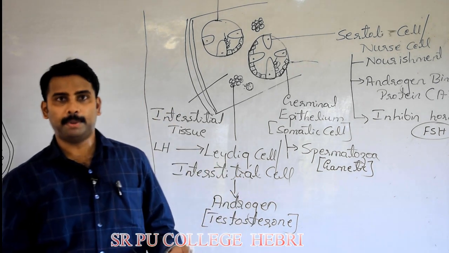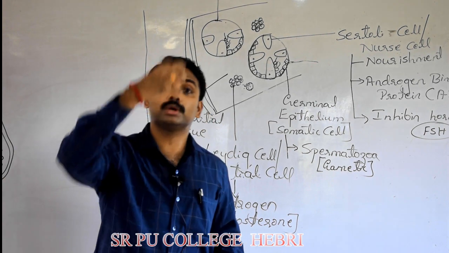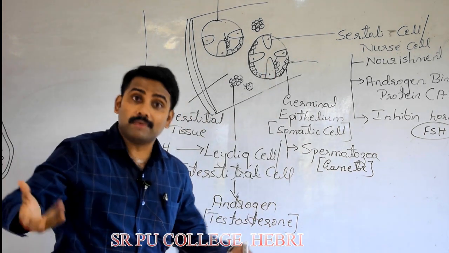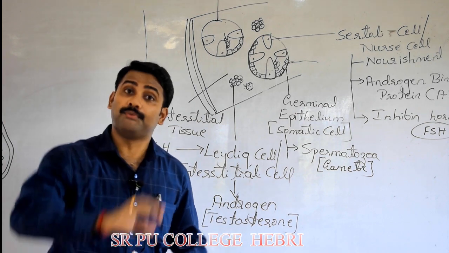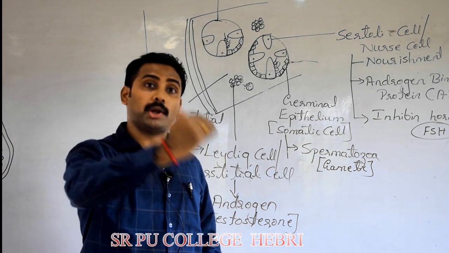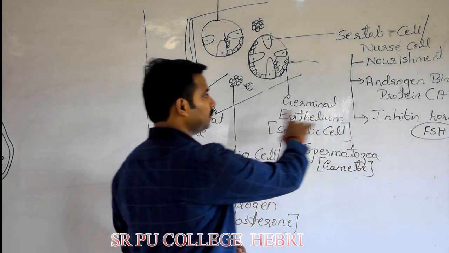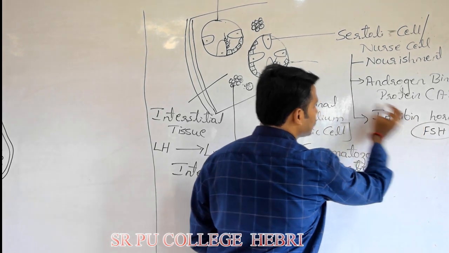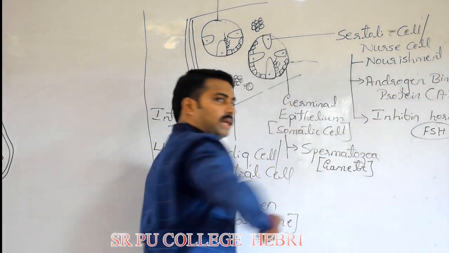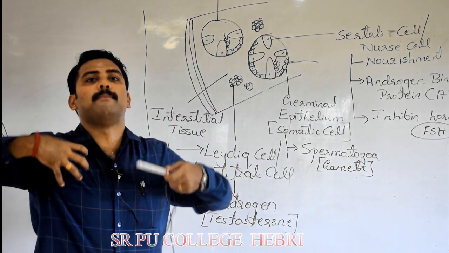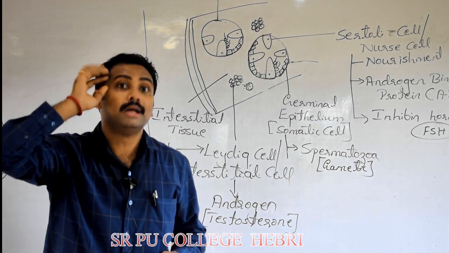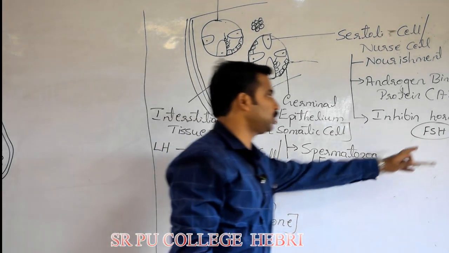Or say, for example, because of the continuous production of sperm, the Sertoli cell is tired. Whatever the reason may be, when further production of sperm is not required, what will this Sertoli cell do? It produces a hormone called inhibin, released to blood. This inhibin circulates through the male blood and influences the pituitary gland to stop producing which hormone?